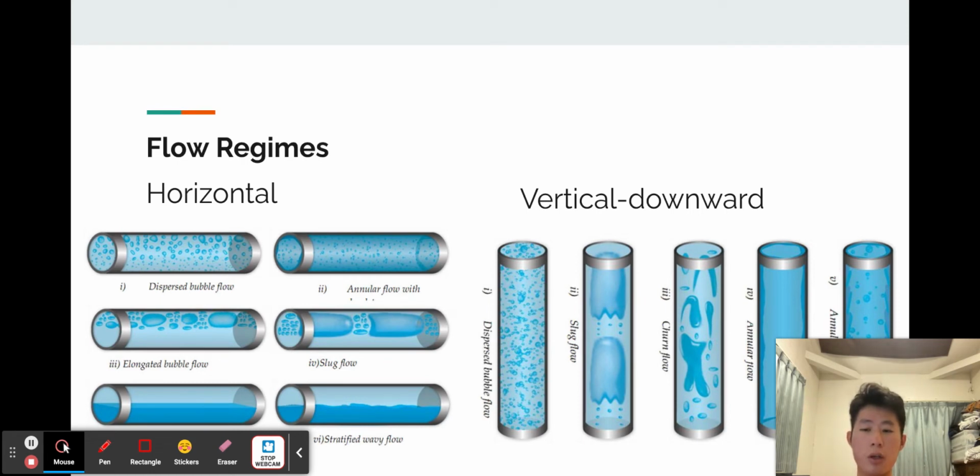Depending on the gas superficial velocity and the liquid superficial velocity, the flow structure can change. For dispersed flow, the gas velocity is very low, and when it's an annular flow, the gas flow is very fast, so the superficial gas velocity is really fast.